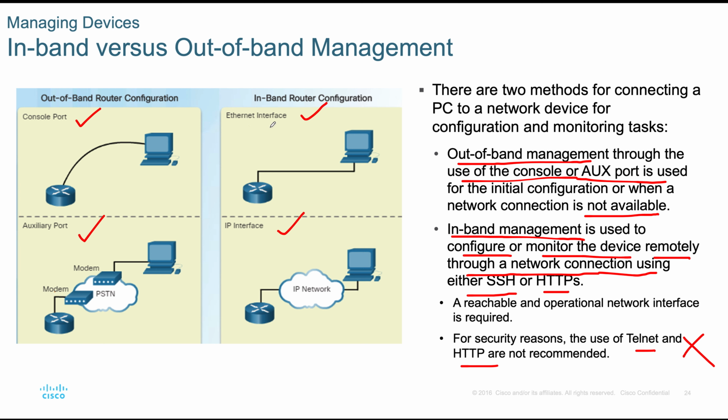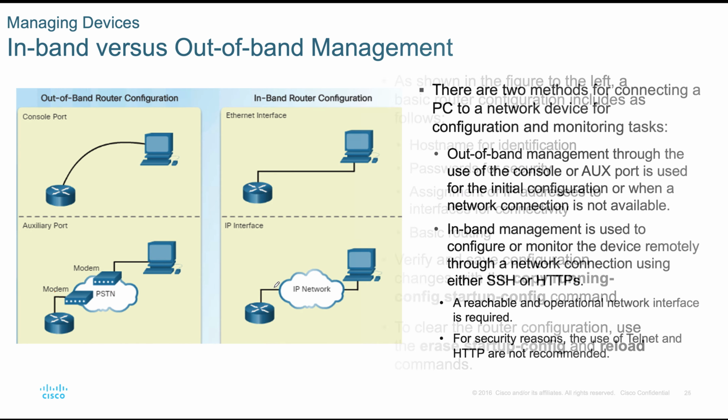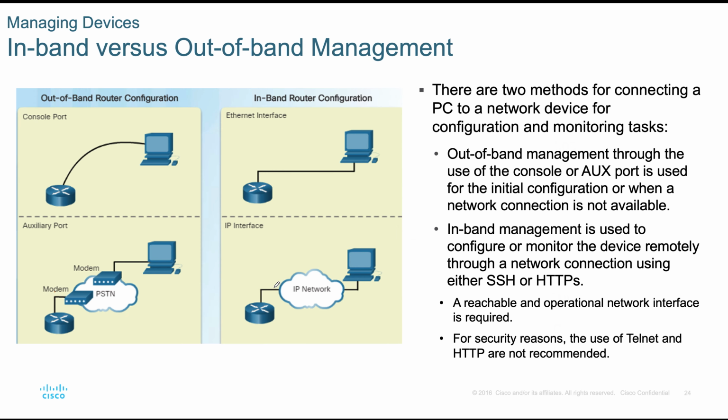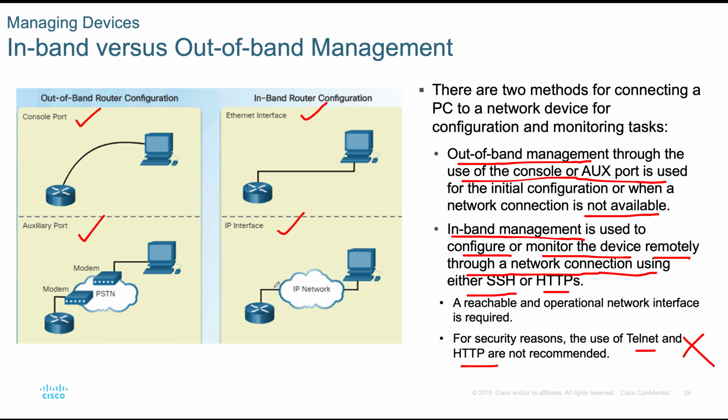Inbound router configuration is when you now have the network, the Ethernet interface. You are now connecting the interface and the IP interfaces. When you are configuring those Ethernet interfaces and IP interfaces, this is called the inbound router configuration. Remember, the inbound management is used to configure and monitor the device remotely through network connection using HTTPS and SSH, right?